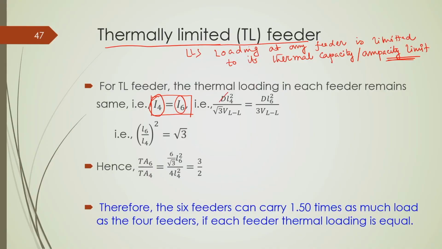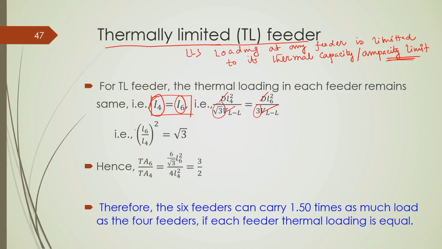So, this D and this D will cancel out, this VLL will cancel out, but here we have a root 3 factor because of the 1 upon root 3 term in the area. So, this gives the relationship of the length of the individual feeders, L 6 by L 4 square, which has to be root 3 if we have to hold this condition true.